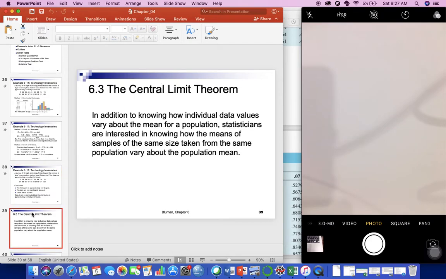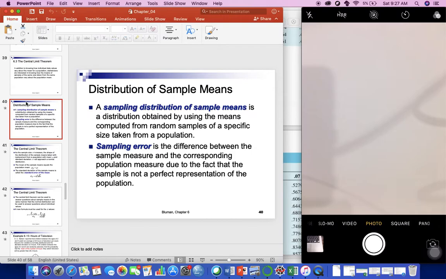The second way is the central limit theorem. The central limit theorem is used to know how individual data values vary about the mean for a population. In the central limit theorem, there is the distribution of sample means.